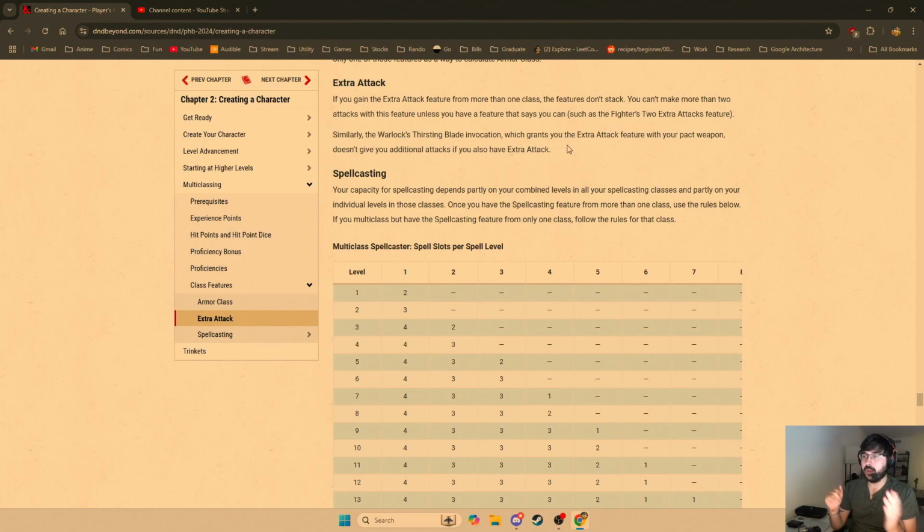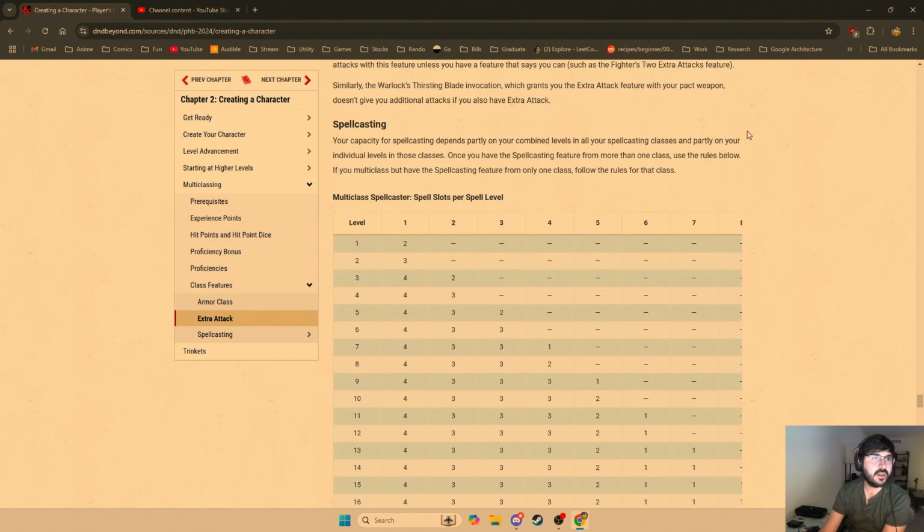You would get 3 attacks. And then if you got a third attack from Fighter, you would then only have 4 attacks. You wouldn't have 6 attacks, it would only be 4. It's not going to allow you to scale exponentially or something like that.